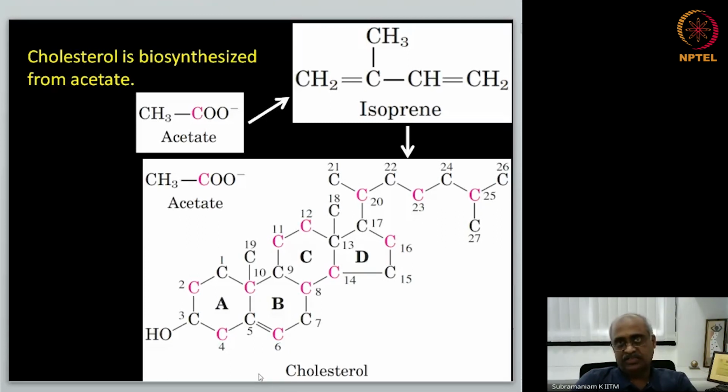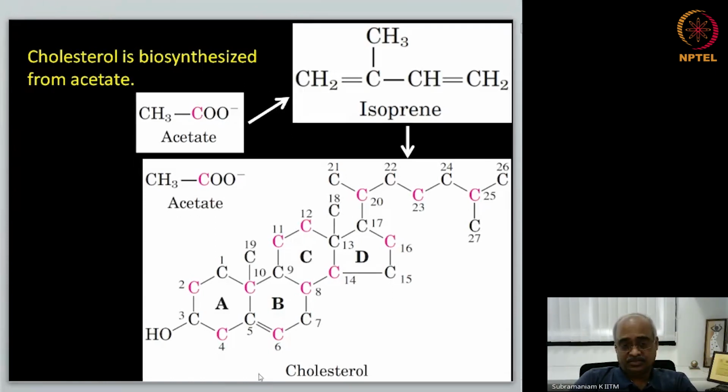It is an essential component of the plasma membrane of all cells. And it is the precursor for the bile salts and bile acids, which are important for emulsifying lipid for digestion in the small intestine. And cholesterol is the precursor for steroid hormones, corticosterones, aldosterones, and testosterone and estradiol.